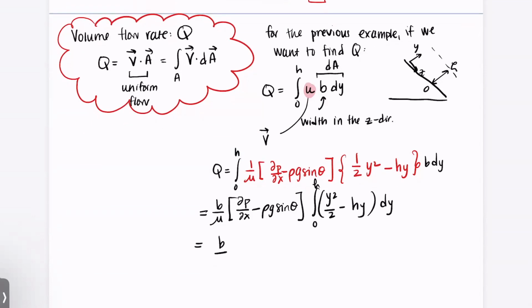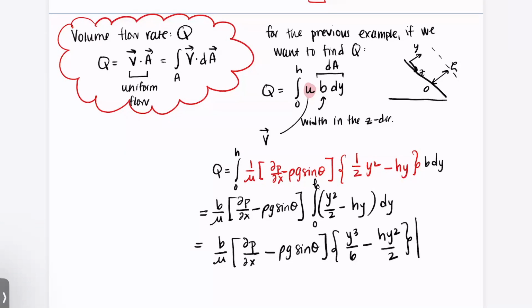All right, and so we can do these integrals. They're not too bad. I'm going to keep along my constant in front of the integration. And so when I integrate y squared over 2, I get y cubed over 6. And then minus hy squared over 2. And I'm going to evaluate this from 0 to h. Oh, yes. Is that partial or partial density for the? Oh, pressure. This is a pressure term up here.